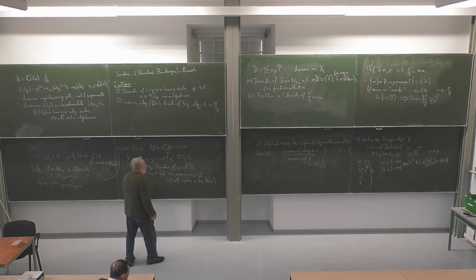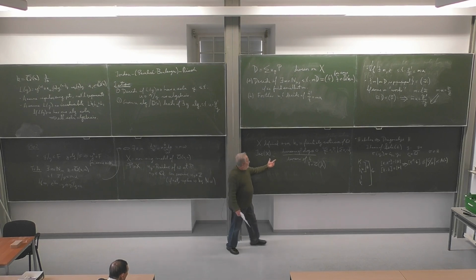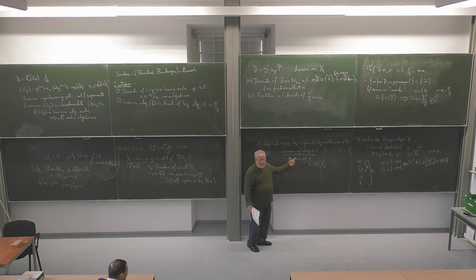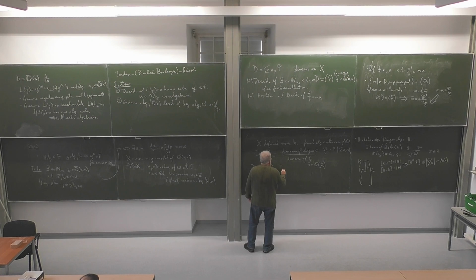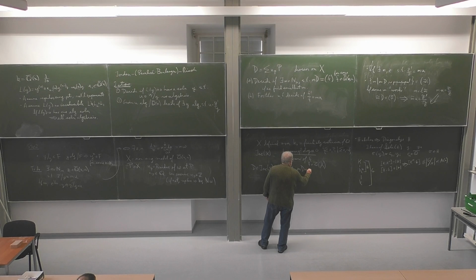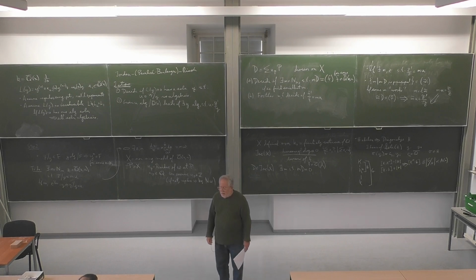And so what am I looking at? This has the structure of a group, right? You can add these things. And what I'm asking is, if I have some divisor in here, does there exist an m such that mD is 0? Is it a torsion element? That's what I'm asking.